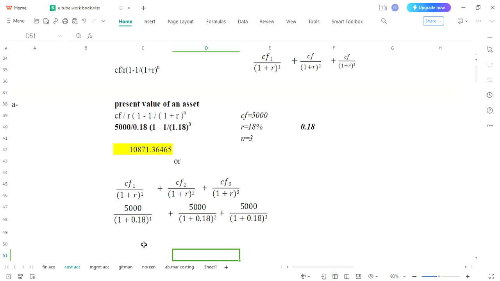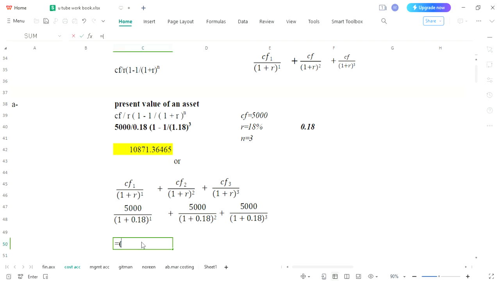After putting these values, we are now ready to put them on our calculator. First value is 5000. You need to divide it with what? 1 plus 0.18 is 1.18, and then you will put raised to power 1. So this is your first value. Then second value, come over here, write down again 5000 divided by 1.18, but raised to power would be 2.